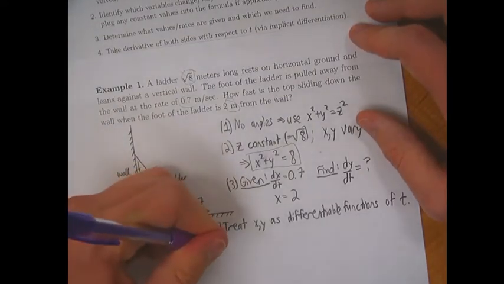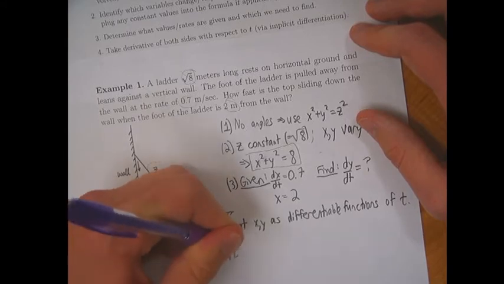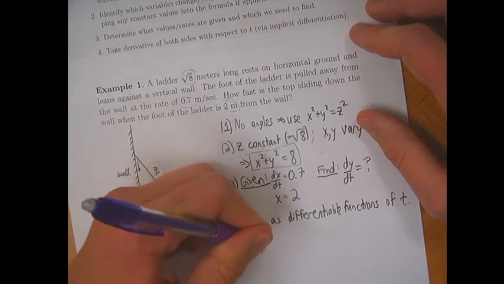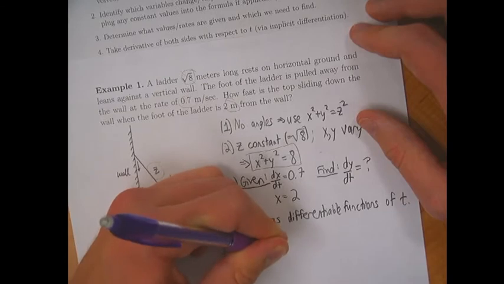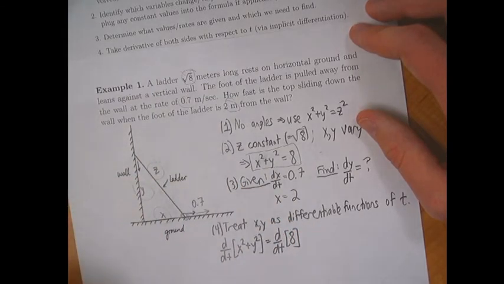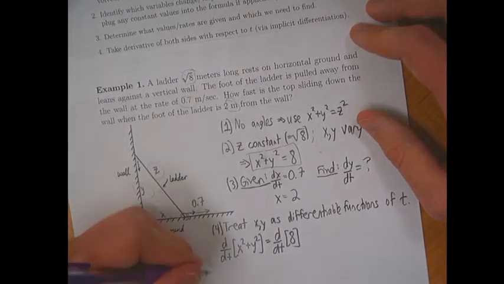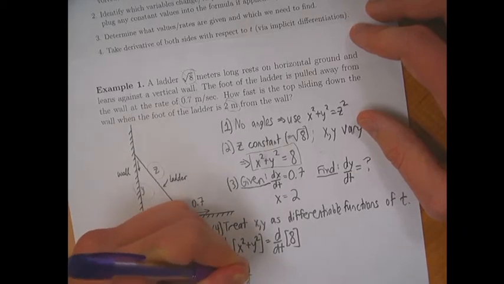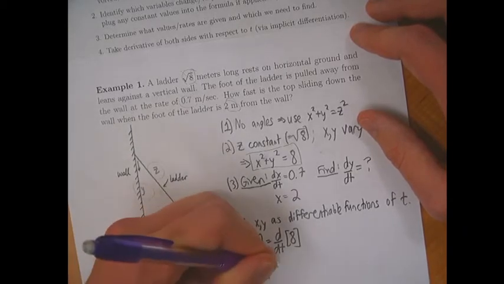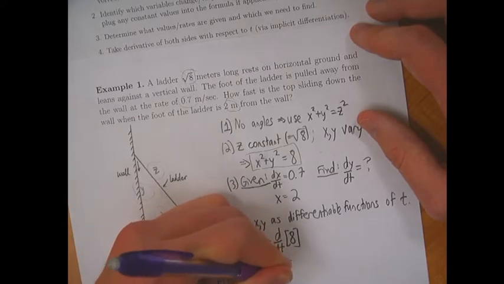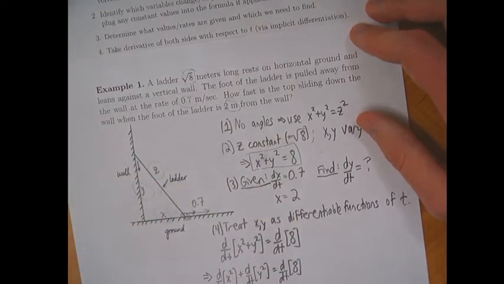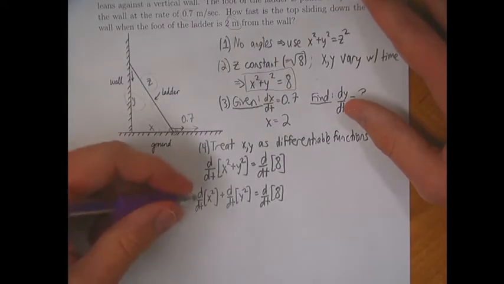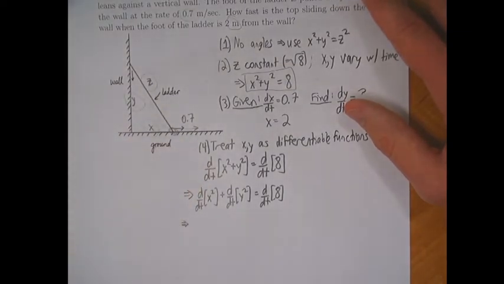So then if that's the case, we have d over dt of x squared plus y squared equals d over dt of just 8. Okay? So a slightly different way of stating this is just, well, d over dt of x squared plus d over dt of y squared equals d over dt of just 8. Okay, so if we go ahead and carry out the differentiation with respect to time t, what does the equation become?